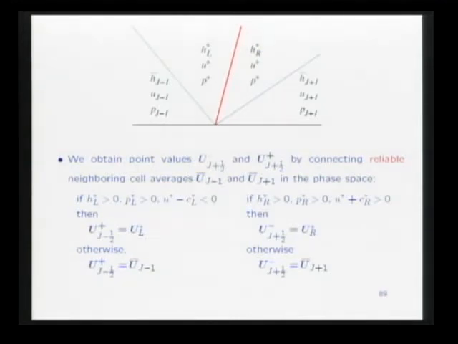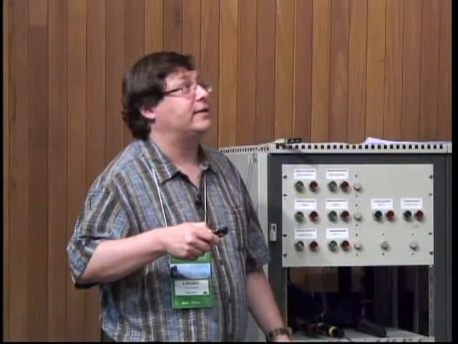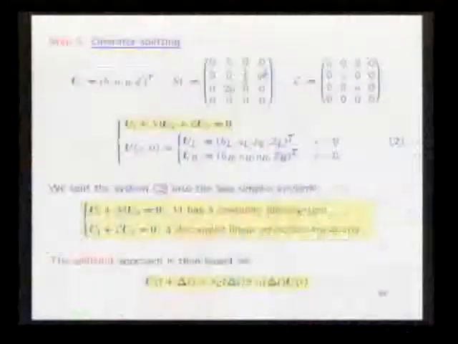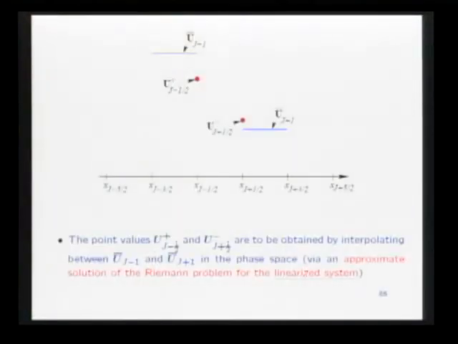To obtain the value U at j minus half plus, which means the value on the left, depending on whether this wave goes to the left or to the right, I take either the value from j minus 1 or the star L values. And the same thing for the wave going to the right. If it goes really to the right, then I take these values. If not, then I take the value at j plus half. This way, once again, I obtain these two point values.